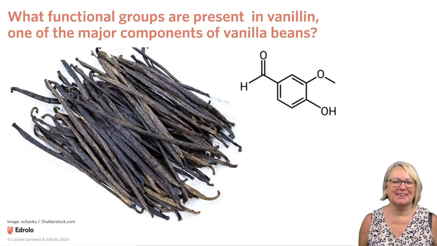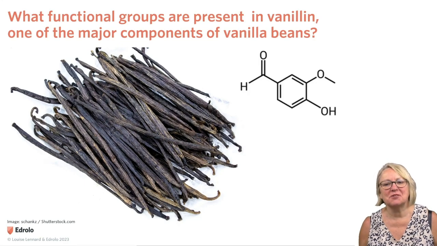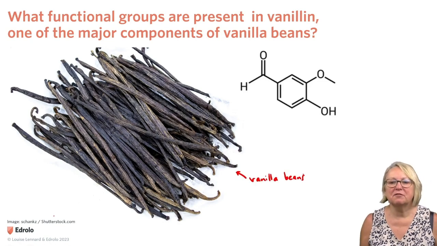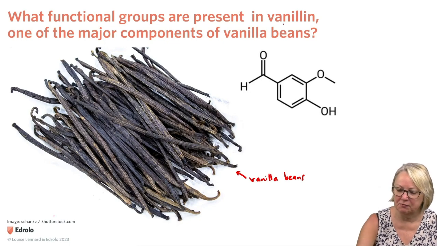Okay, welcome back. Many of you might enjoy eating vanilla ice cream. The flavour of vanilla comes from vanilla beans, and one of the flavour components of vanilla beans is the organic molecule vanillin.